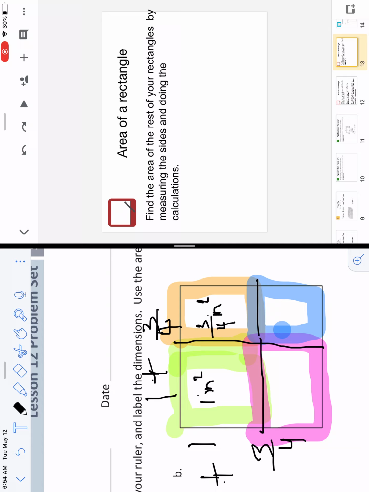Now I have the pink is 3/4 times 1, which is 3/4 inches squared. And then I have 3/4 times 3/4, which is 9/16 inches squared.